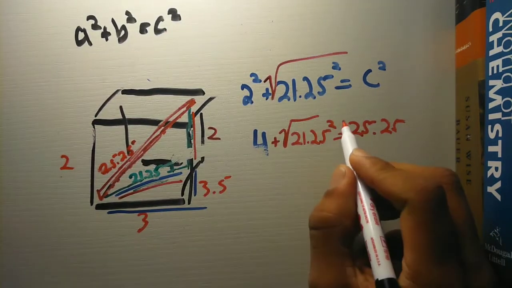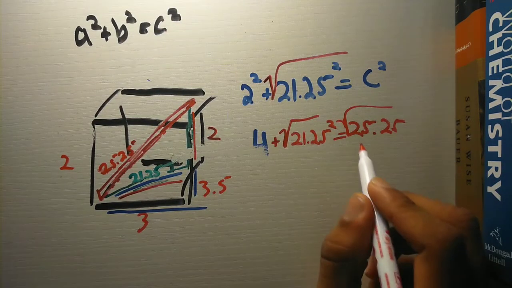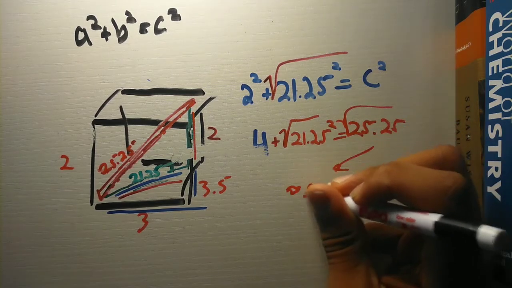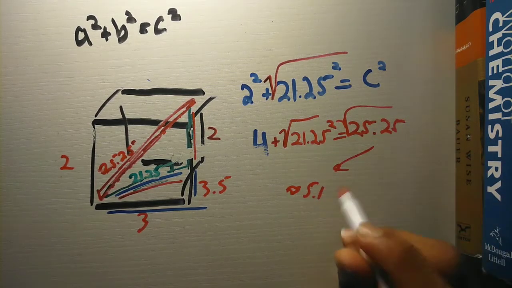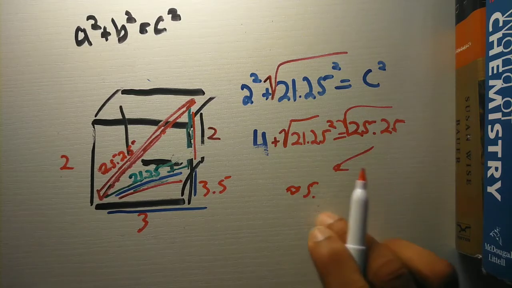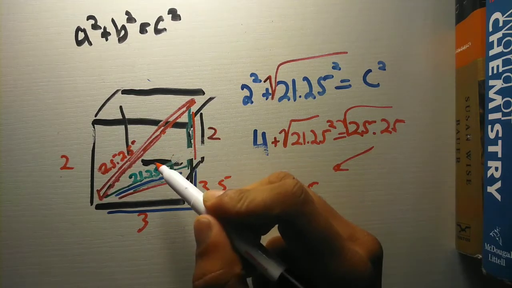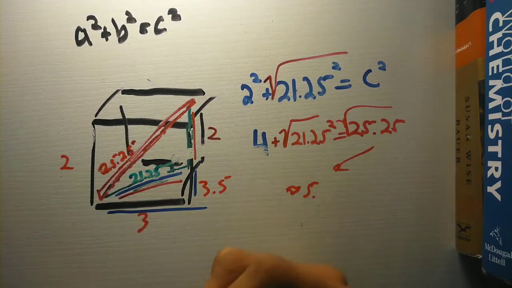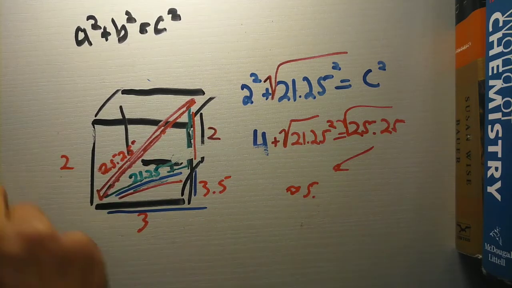We have to take the square root of this as well, right? And it ends up being about, I think it was 5.1 or something like that, about 5. So yes, this 5-foot pole can indeed fit inside of this cube, this three-dimensional box. And that is one of the ways to use the Pythagorean theorem for this.